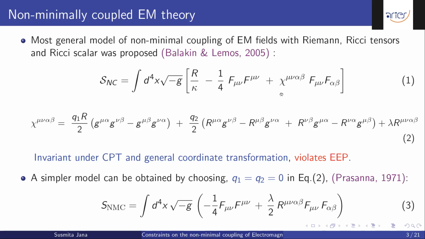This model is quite complicated, so a simpler model can be considered by choosing these q1 and q2 to be 0, and then action 3 can be obtained. This simpler model was proposed by Prasanna in 1971. Both of these models are invariant under CPT and general coordinate transformation.